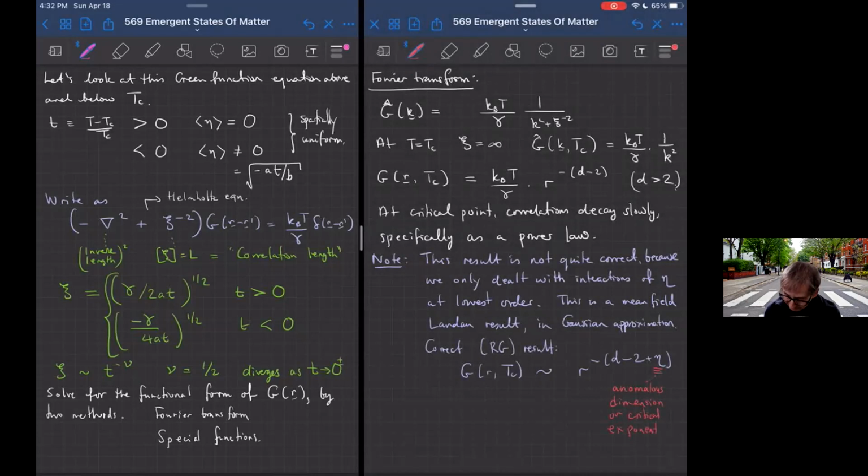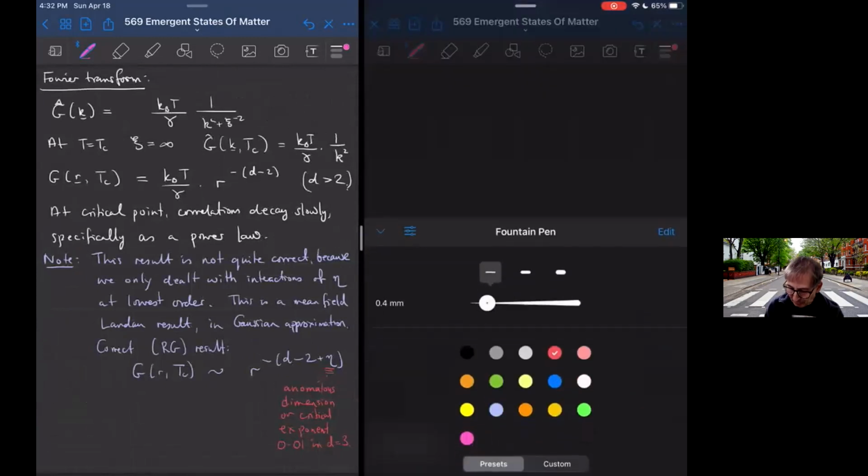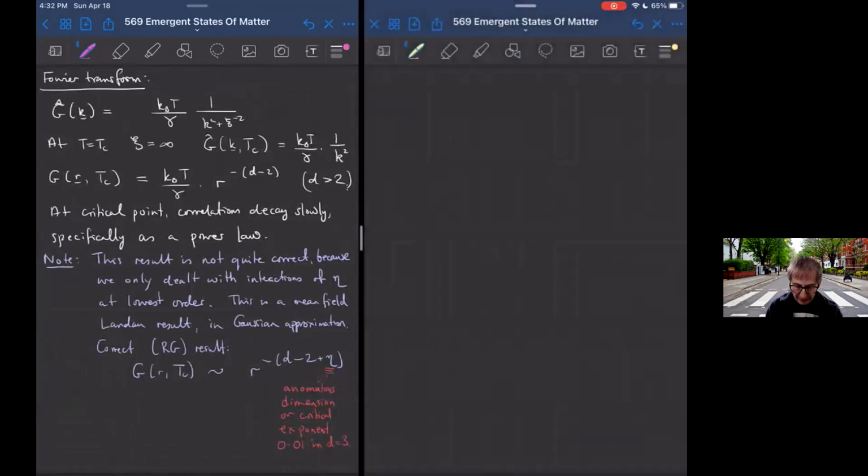It's about 0.01. But anyway, that's the whole question of anomalous dimensions at phase transitions. That's a topic that we'll deal with ad infinitum in the renormalization group course.